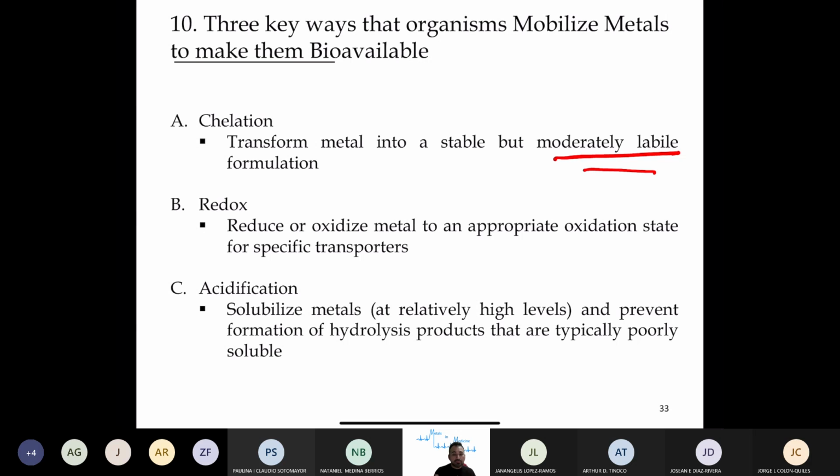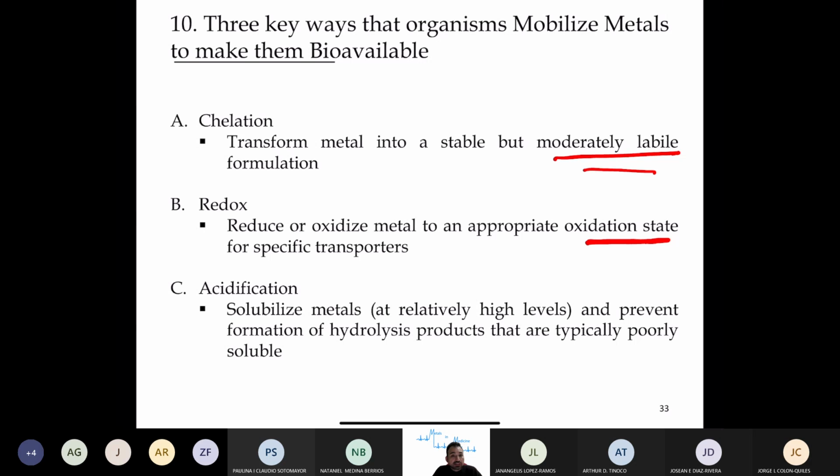Another process is redox, where you facilitate the reduction or oxidation of a metal to an appropriate oxidation state for specific transporters. That's going to be a critical event. This redox process can also facilitate the functionality of the metal.